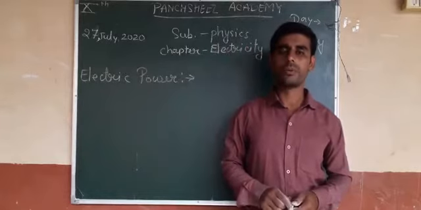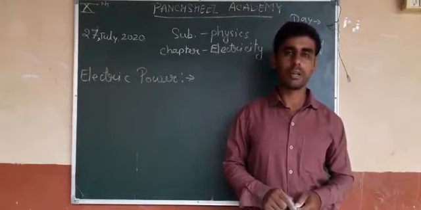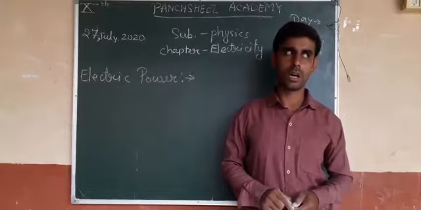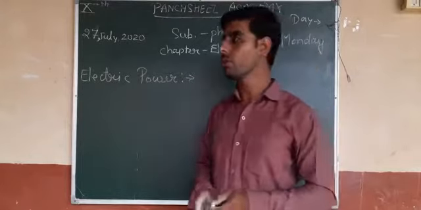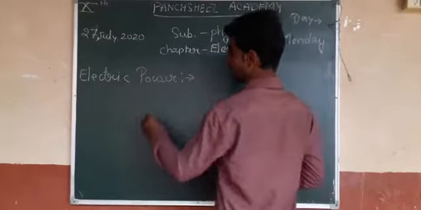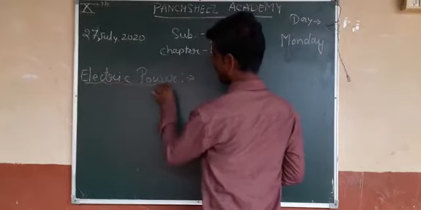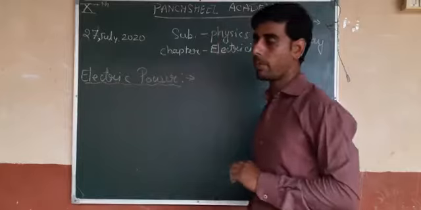P equal to V into I, voltage into current; P equal to I square into R; and P equal to V square upon R. These three formulae are related to electric power.